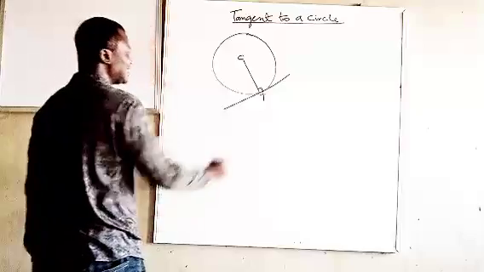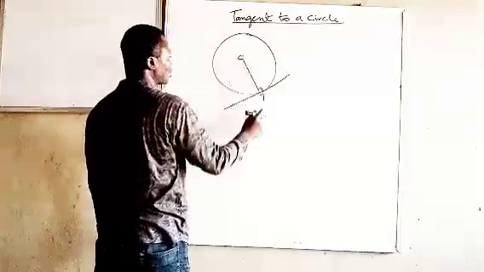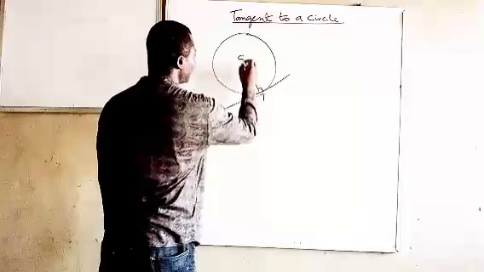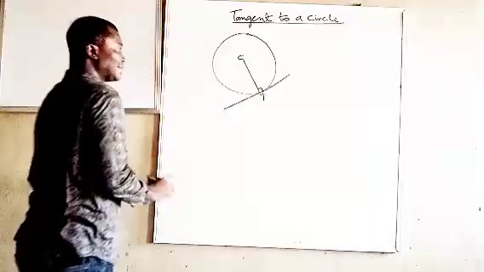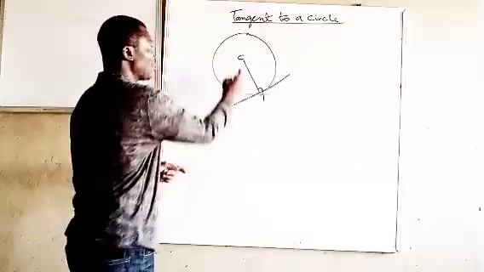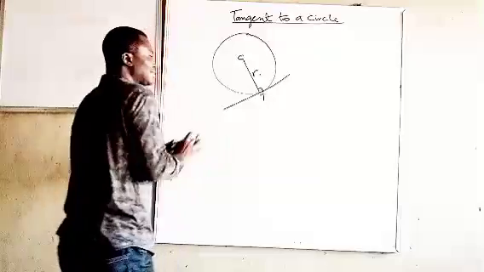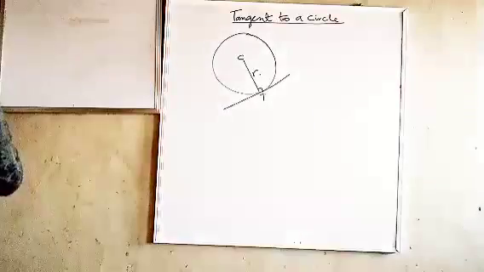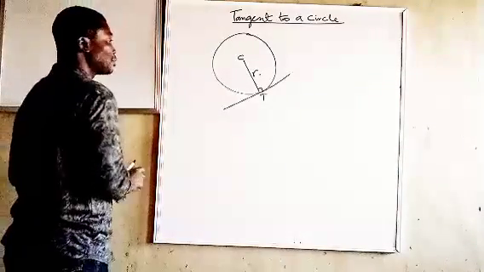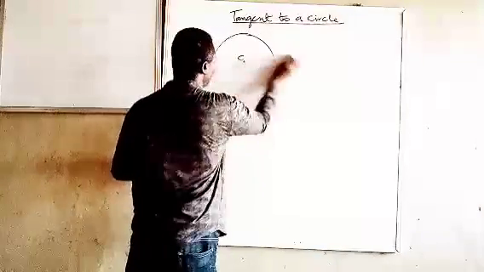Another thing is the distance of the tangent from the center is equal to the radius. The perpendicular distance from the center to the tangent will be equal to the radius. So that is very key in solving so many questions in circle problems.